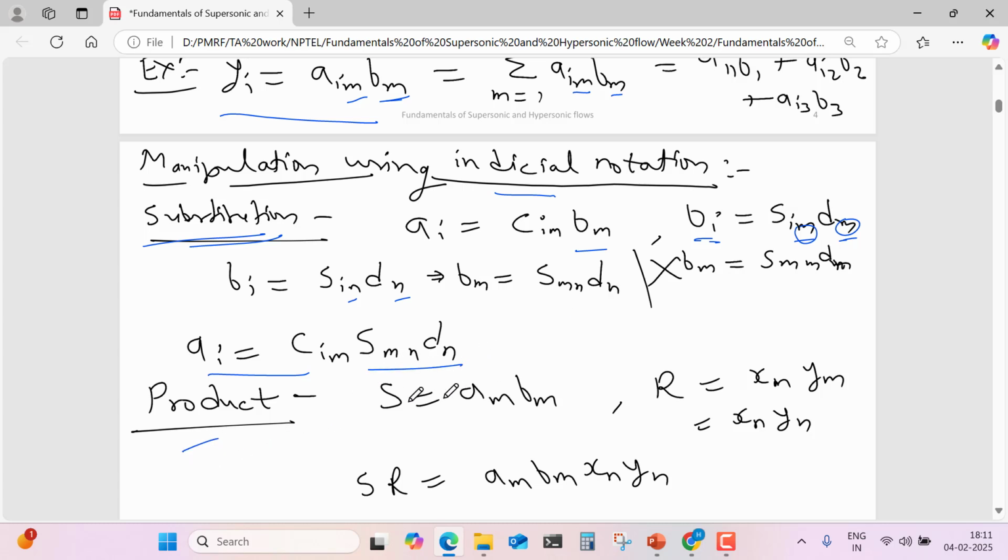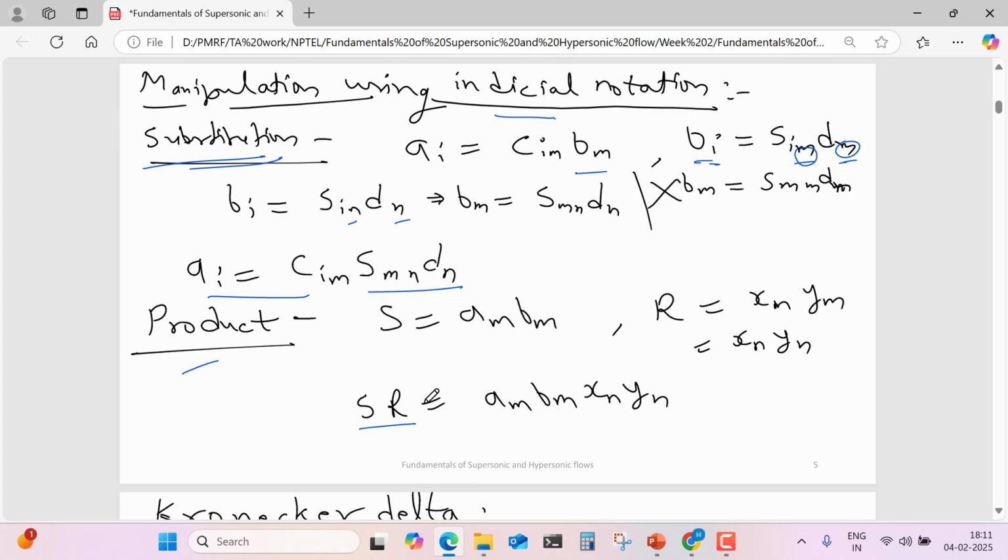Second is product. Let's say there are two quantities, S equal to Am Bm and R equal to Xm Ym. If we have to do the product of S and R, whenever we are doing the product of two different quantities, we have to write both quantities in different indices.